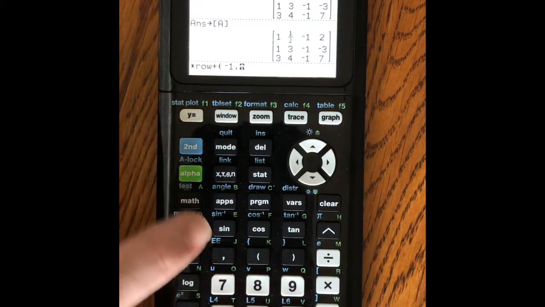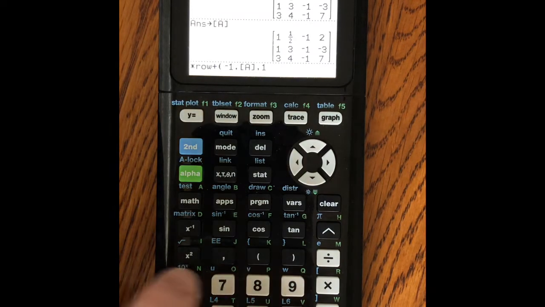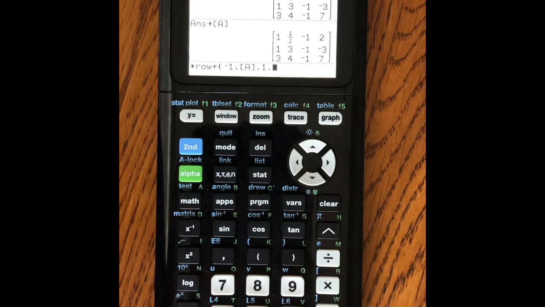The matrix we're working on is matrix A. The row that's being multiplied by -1 is the row in which we just created a 1, which is row 1. The final parameter, in this case we have 4 parameters, is the row that's changing. Your fourth and final parameter here is going to be the row that's changing. In this case, that's row number 2.